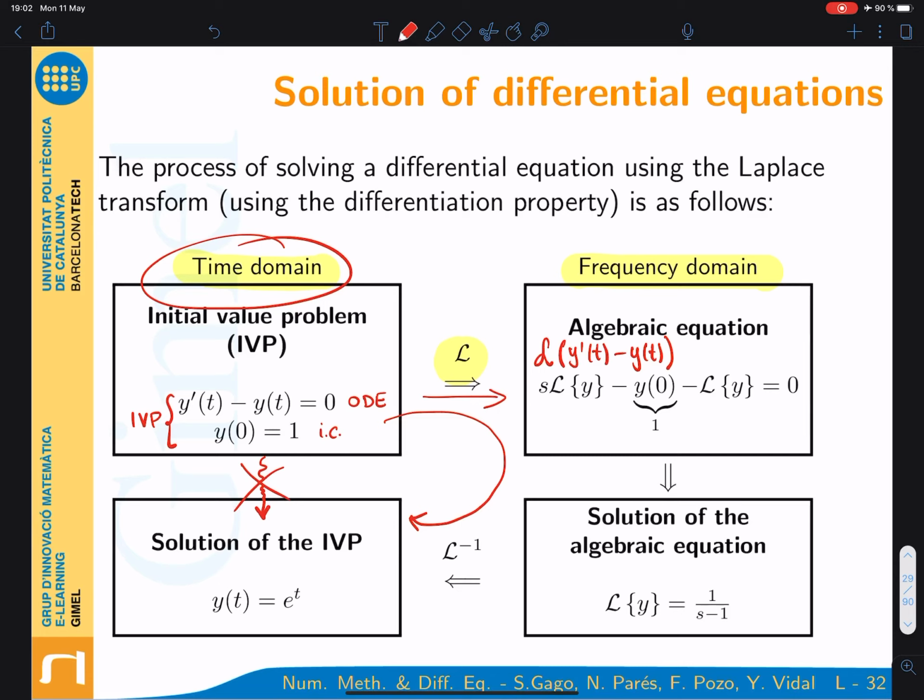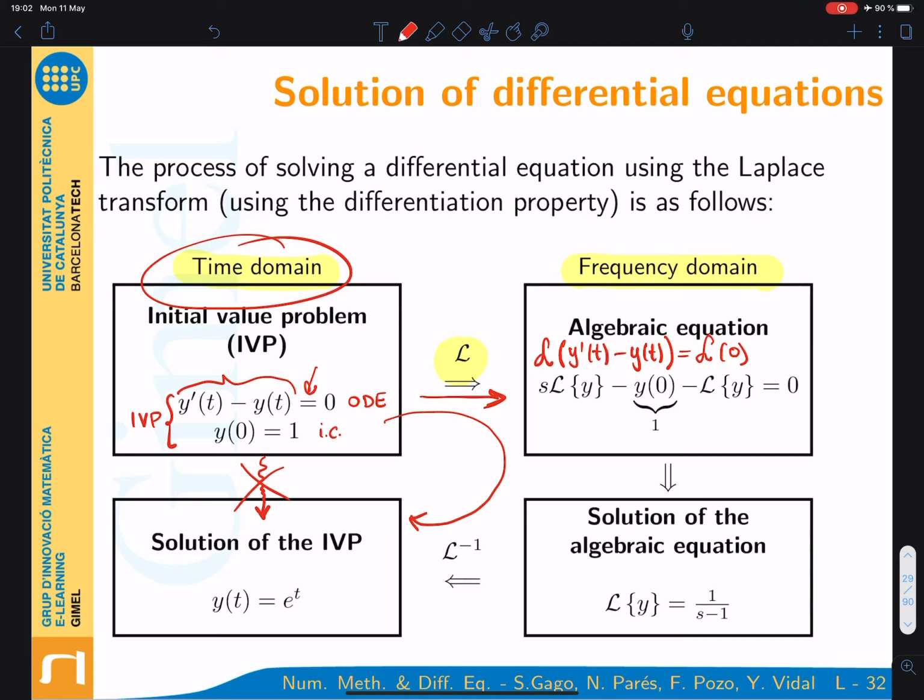And as this is an equation, the Laplace transform of the left-hand side must be equal to the Laplace transform of the right-hand side. Now, what I have done in this step is go from time to frequency domain. Now, here is where the magic of the Laplace transform appears.